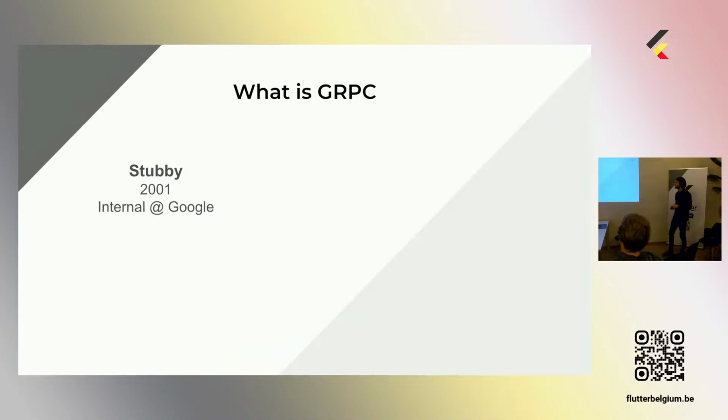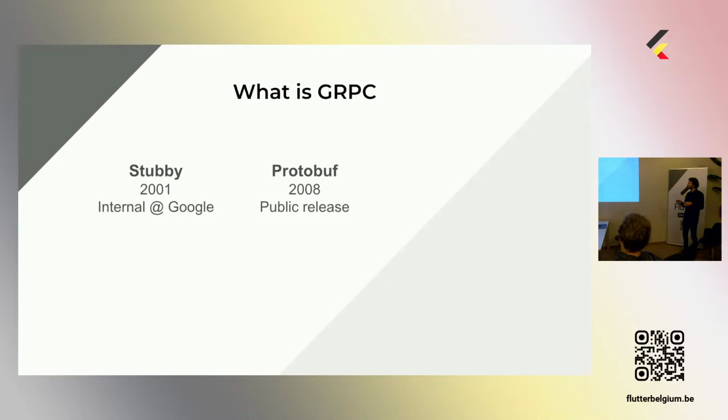A bit of history. In 2001 it started internally at Google with the name Stubby. They needed to communicate with all their cloud platforms and servers, and they created Stubby. Then in 2008 they released part of the Stubby thing, and they named it protobufs.